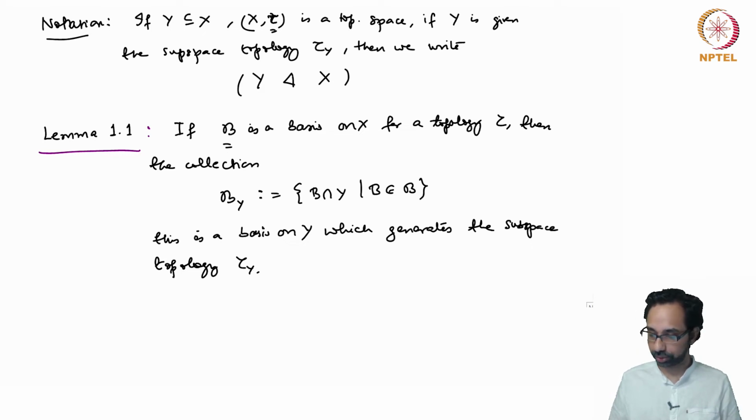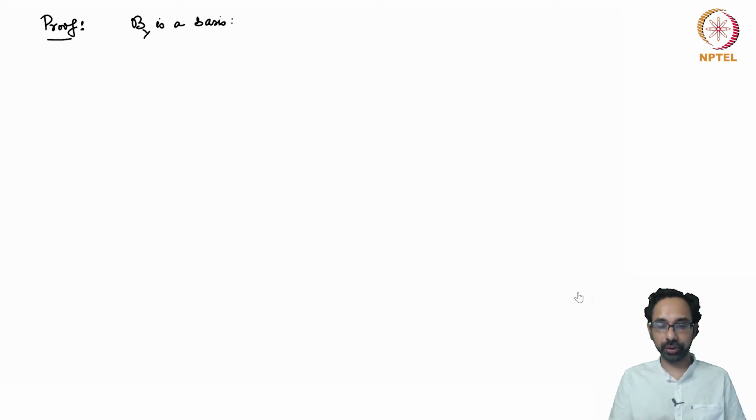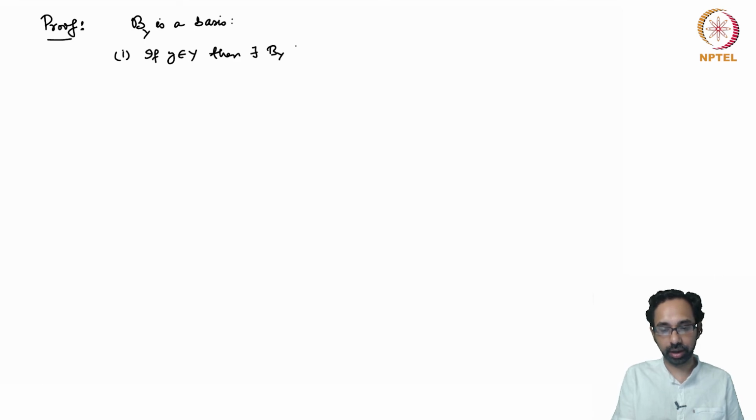We just have to check, first of all, that this is a basis, and then that the topology it generates is exactly tau Y. So let's see a quick proof. Let us start by proving that B_Y is a basis. We have to check the two properties for a basis. The first one was to show that if y is in Y, then there exists a B_Y in this collection B_Y such that y belongs to this set.